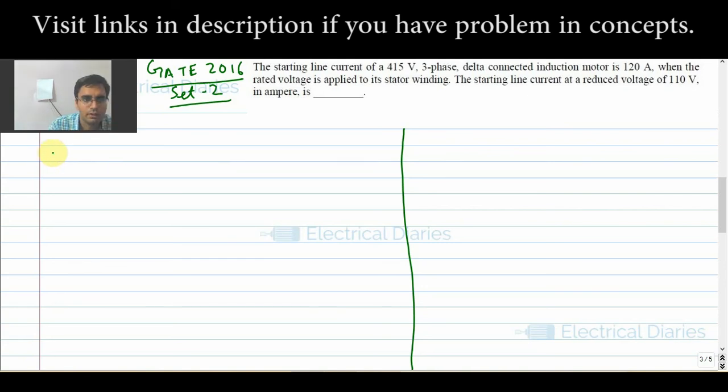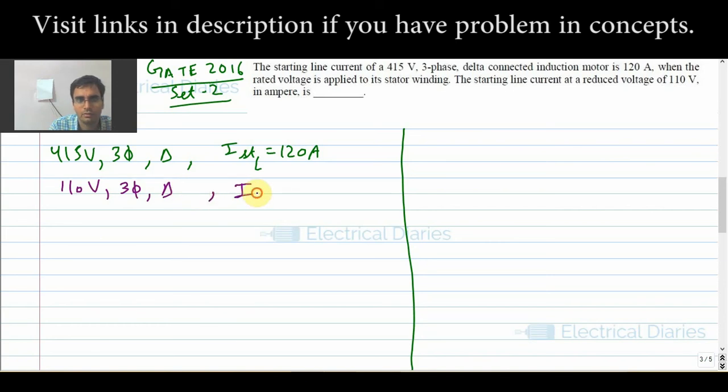Let me write down: 415 volts 3-phase delta connected induction motor, starting line current is 120 amps when 415 volts is applied to the machine. Now he is asking the starting line current when 110 volts 3-phase is applied to this delta connected motor. So this is the question.